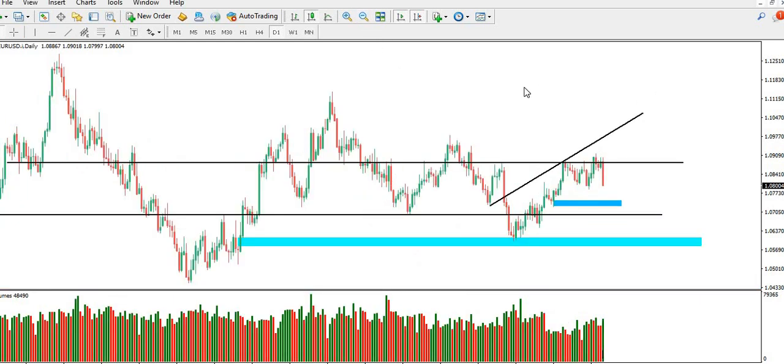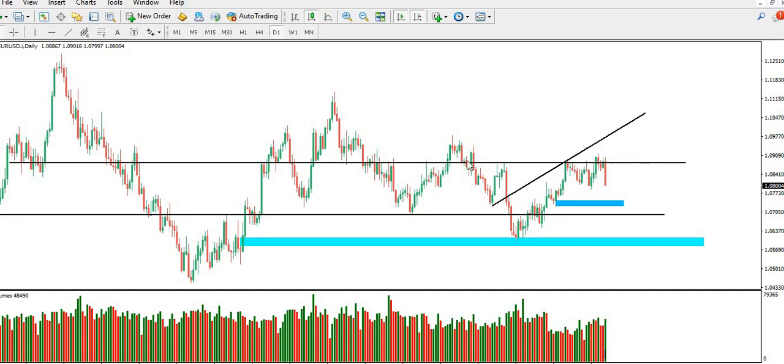So it is not 100% confirmed signals or 100% confirmed moves, because no one out there can give you a 100% guaranteed move in the market. All these patterns, methods, and techniques are based on probabilities.